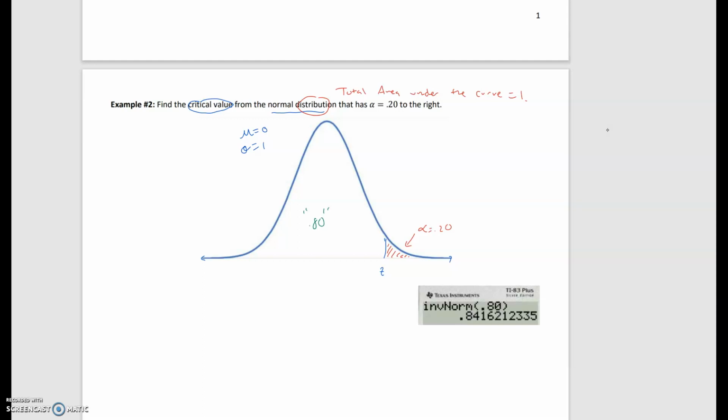So our z value is 0.84. And let me just write it as the critical value with area alpha equal to 0.20 above is C equal to 0.84.